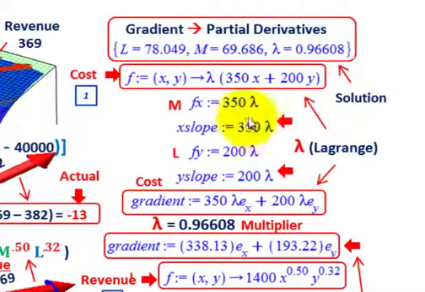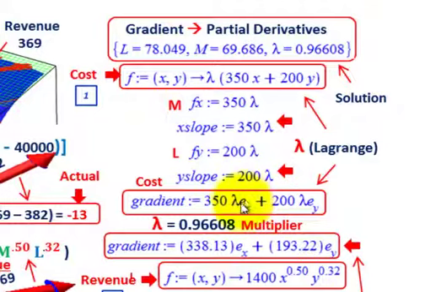Again, the computer software has done this for me. And for our labor, taking the partial in terms of Y, you're going to get 200 times lambda. That's really just looking at the unit cost for material and labor. So that's the slope we have for our labor, 200 times lambda. So our gradient is just taking our material slope, 350 times lambda, plus our labor slope, 200 times lambda.